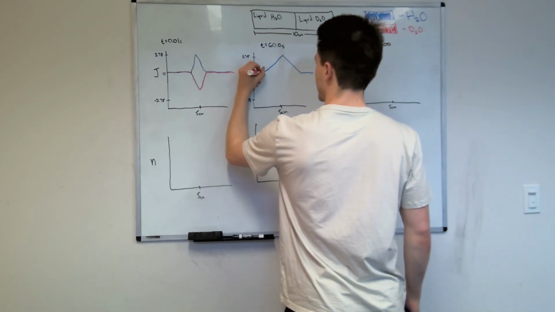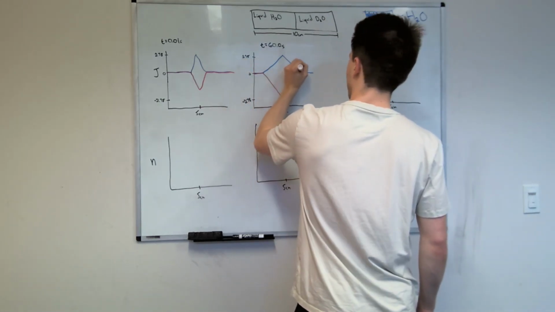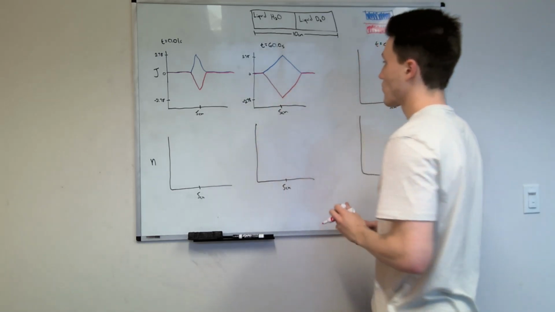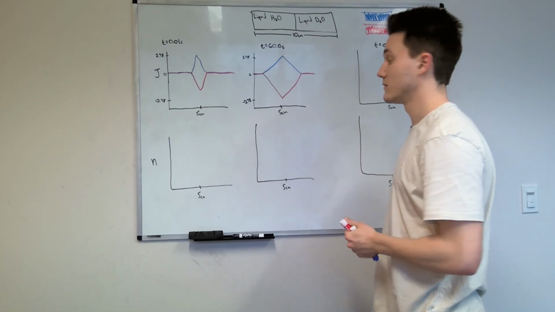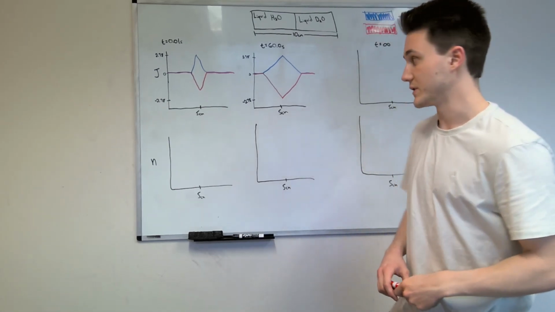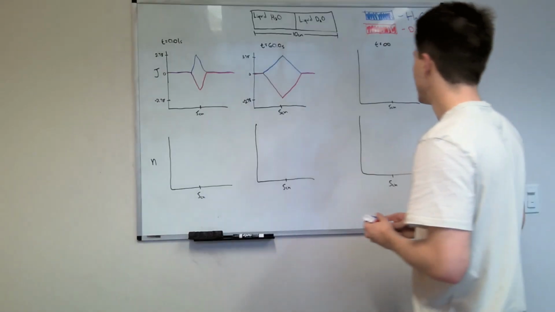And the same is true for D2O in the opposite direction. And again, this is just because these two liquids have been given more of a chance to intermingle with each other and react throughout the entirety of the tube.